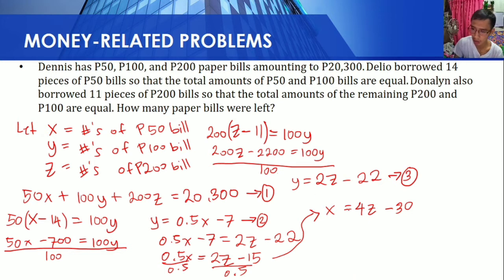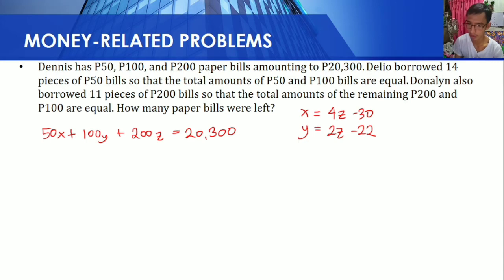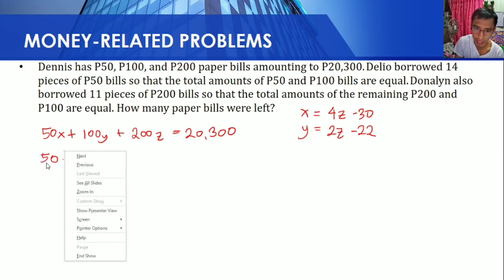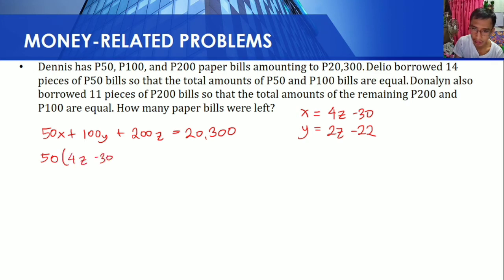Pwede na nating substitute dun sa pinaka first equation natin. So substitute na natin. So magiging, so 50 times yung value ng x, that is 4z minus 30, plus 100 times yung value ng y, that will be 2z minus 22, plus 200z is equal to 20,300.